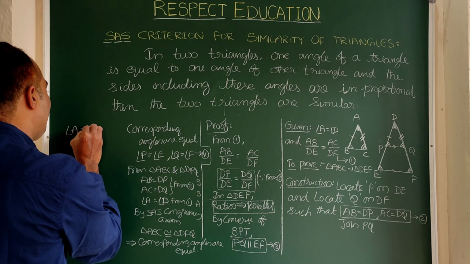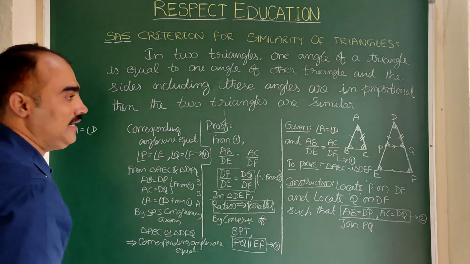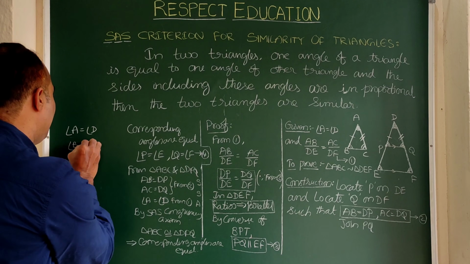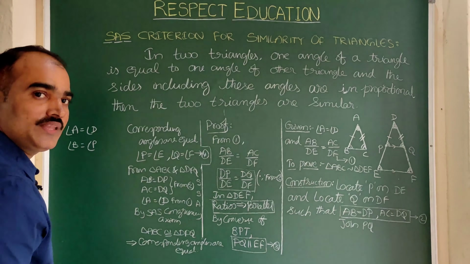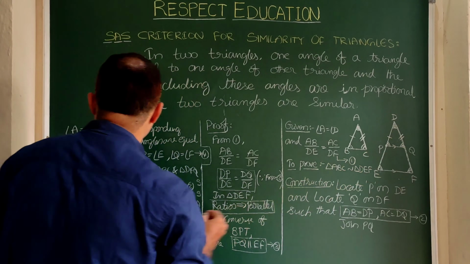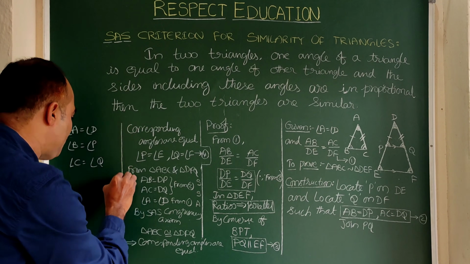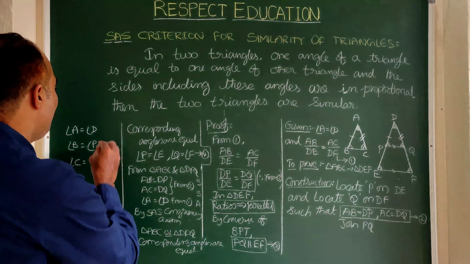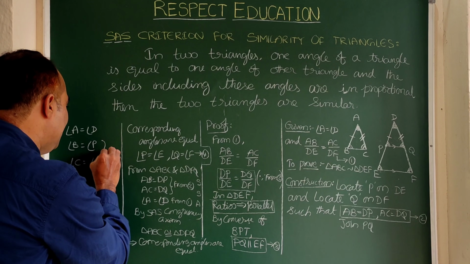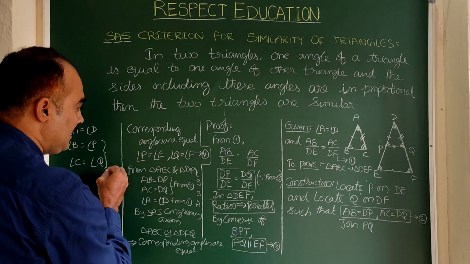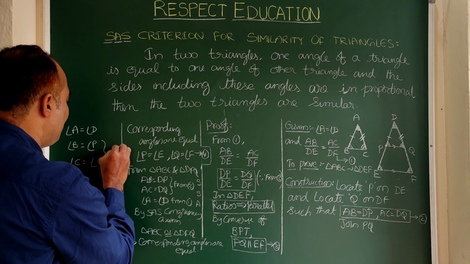Angle A equal to angle D. Next, angle B equal to angle P. Angle C is equal to angle Q. These are the corresponding angles. Let us take these as equation number 5.